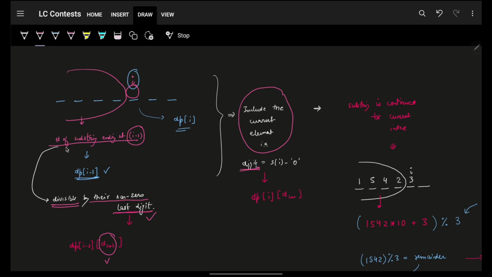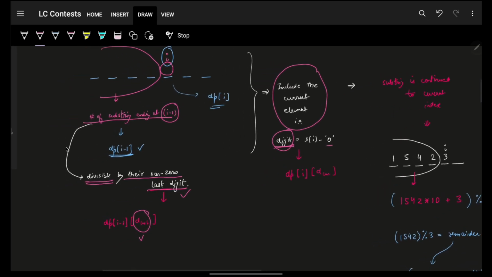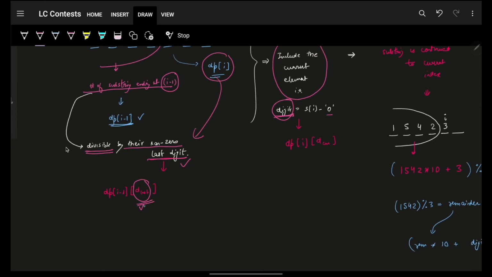Simple: s of i minus the character 0 will give me the current digit itself. So I realize that if I am at the ith index trying to find dp of i, it also needs to store the digit itself, which means I will maintain i and the digit.